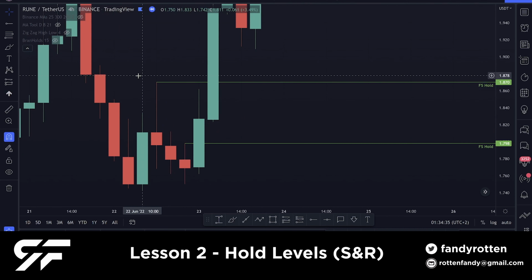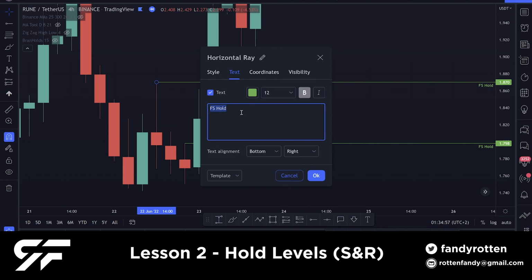It's further to the left, right? So the FS hold is always connected right next to the start of the valley. The BS holds are not right next to the valley. You see how this is in the back registry towards the left side, and this is connected right next to the beginning of the valley itself, right? So this will be referred to as the BS hold.